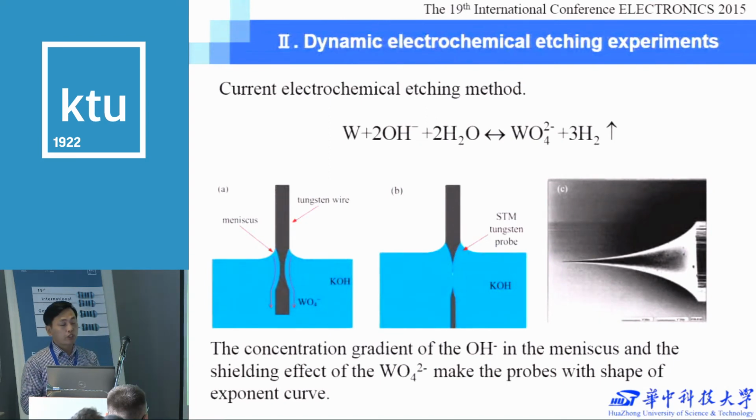So many researchers in the world have found an electrochemical etching method, as this chemical equation shows: tungsten adds 2OH and 2 water. Then the tungsten wire becomes the STM tungsten probe, like this.